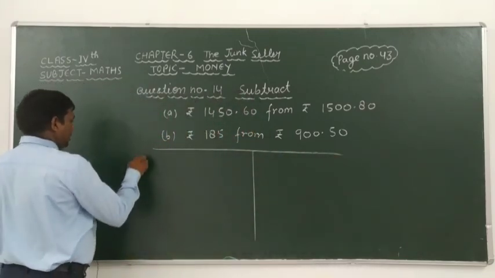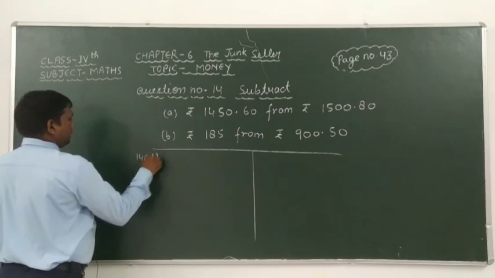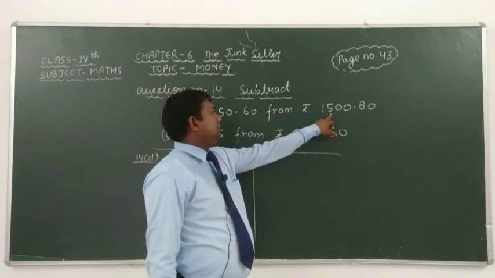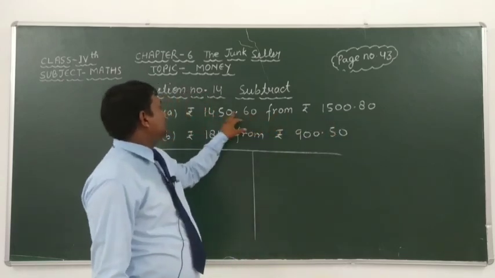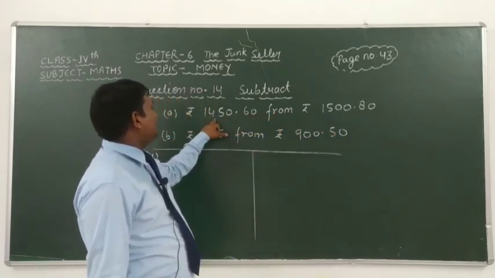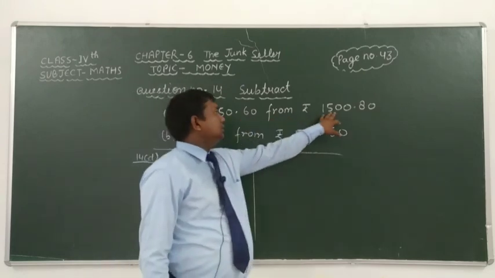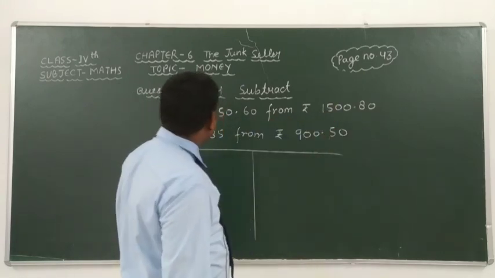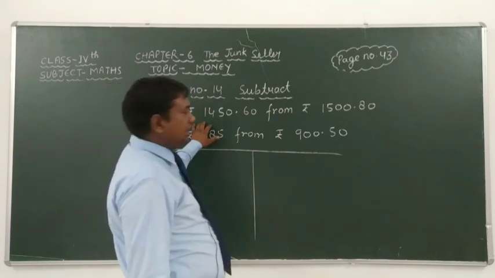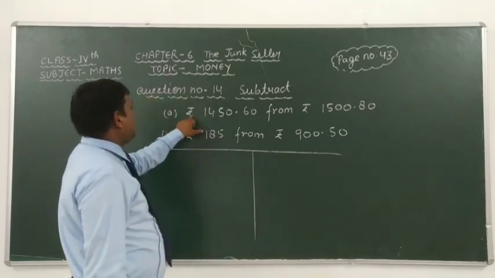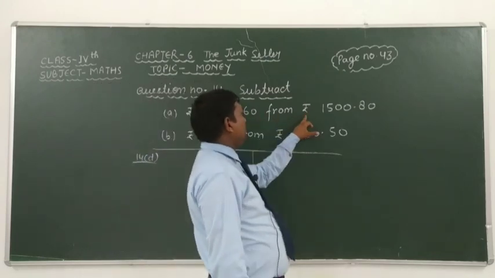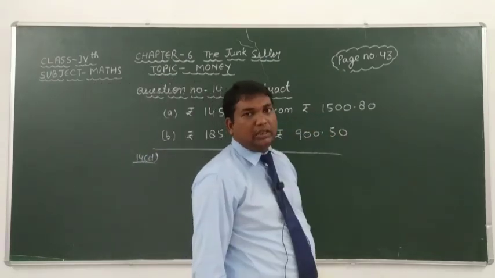Question number 14 of A. Here we have to subtract rupees 1450.60 from rupees 1500.80.